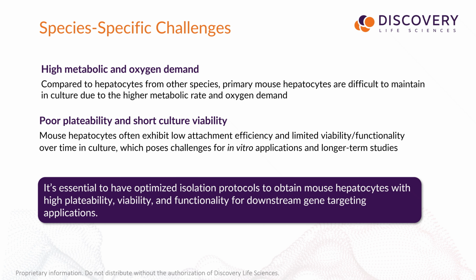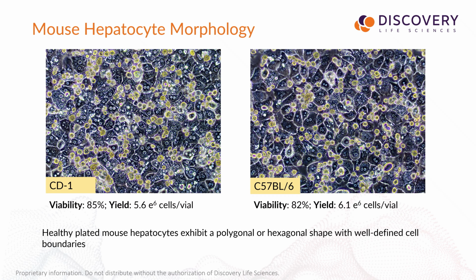Therefore, optimized isolation protocols are critical to ensure high-quality mouse hepatocyte preparations with robust plateability, viability, and functionality, especially for gene targeting and other downstream applications. To overcome the inherent challenges associated with mouse hepatocytes, we have optimized our isolation and cryopreservation protocols to consistently achieve high cell viability and yield.